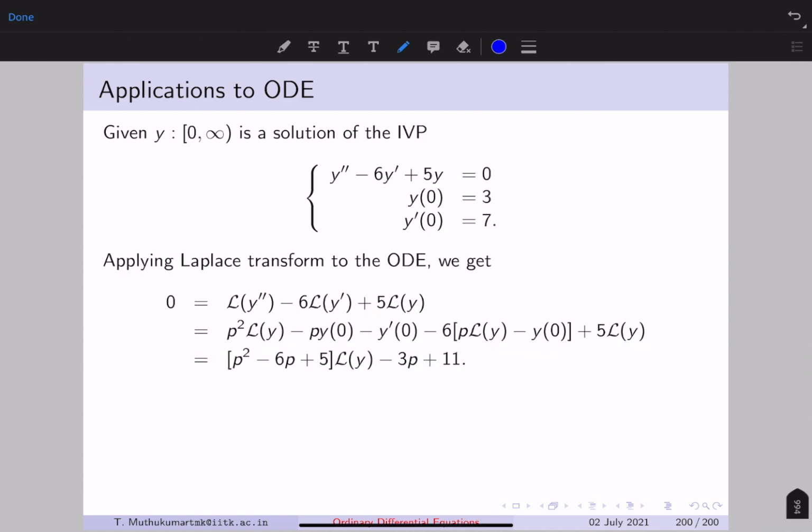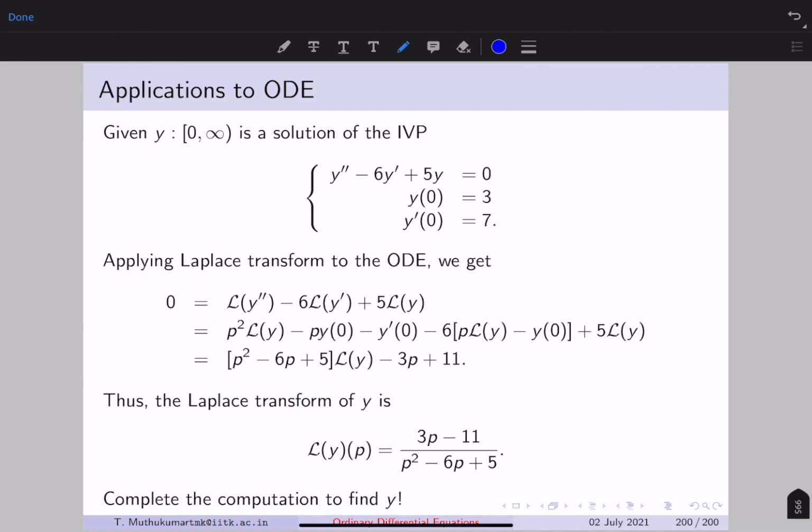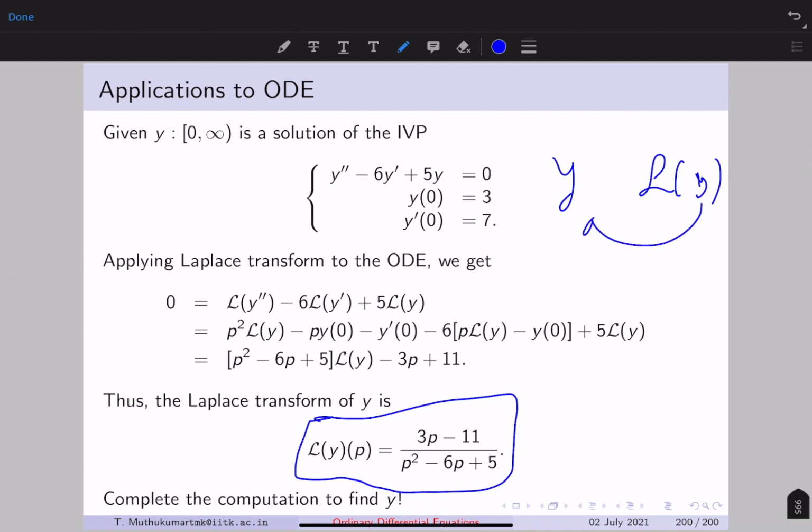So the Laplace transform of y with these coefficients minus 3p plus 11. This means you have solved for the Laplace transform of y. So L of y is equal to this. You need to find y from L of y, you need to go from here to here.